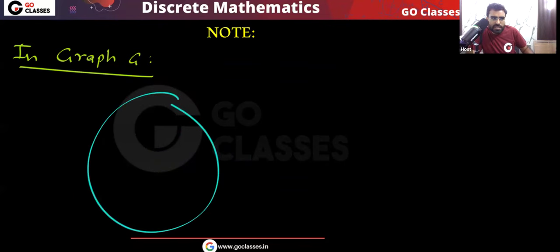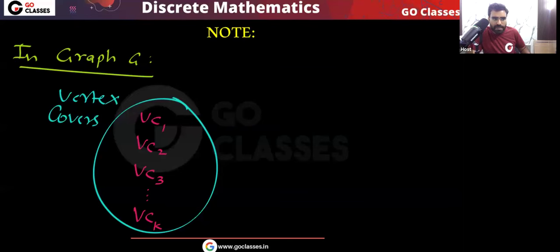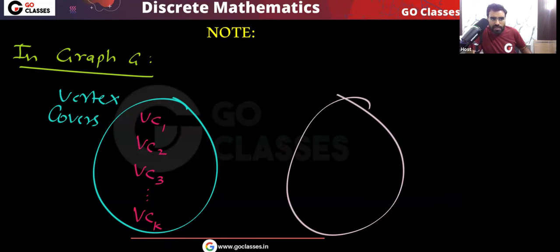It means that in graph G, let's assume these are the vertex covers: this is vertex cover 1, this is vertex cover 2, this is vertex cover 3, and so on, up to vertex cover K. If this is a vertex cover, then the remaining vertices will be an independent set.